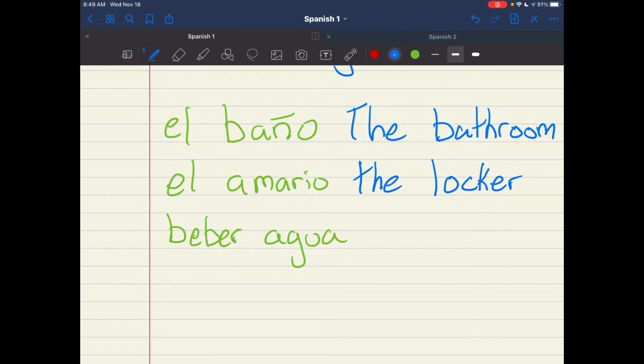Y beber agua means to drink water, so to drink water. And then last but not least, we also said another class. So we have la clase, which is just a class.